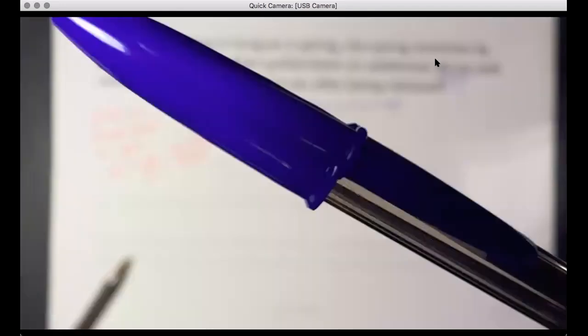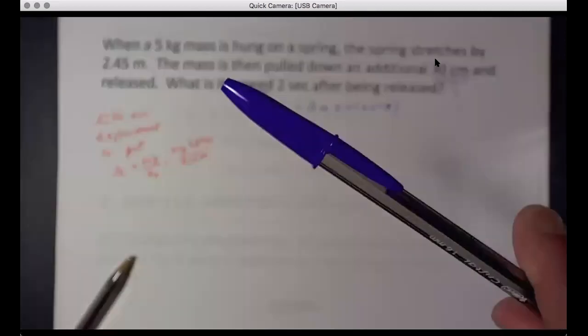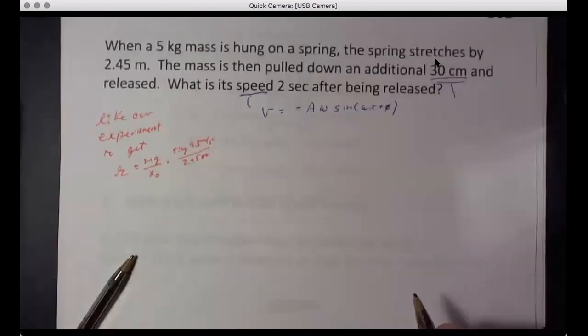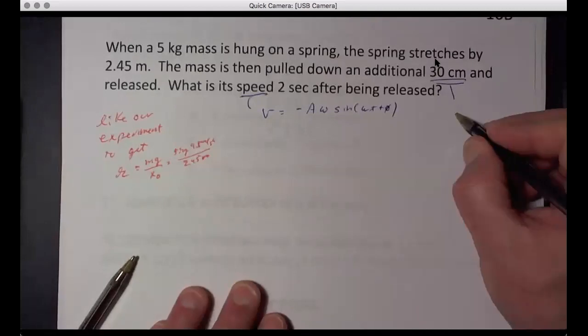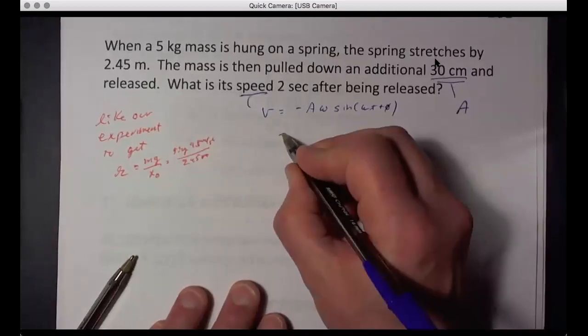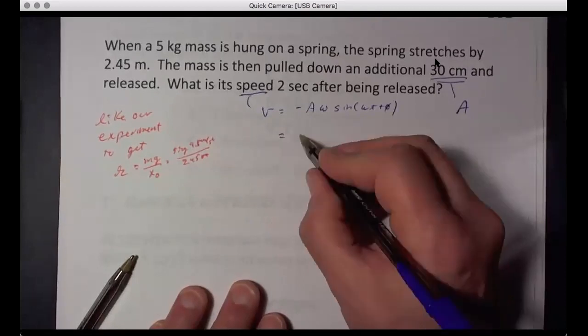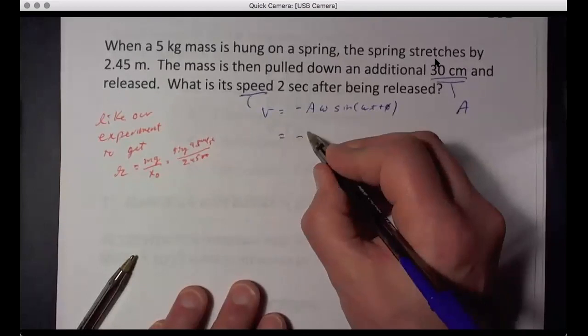We've got to pull all these things out just like we had to for the last section. We pull it down an additional 30 centimeters, right? So this is A, and we can put in minus 30 centimeters.